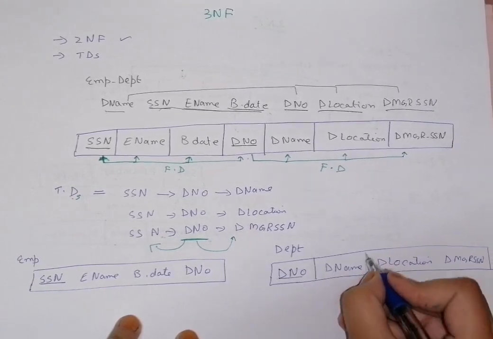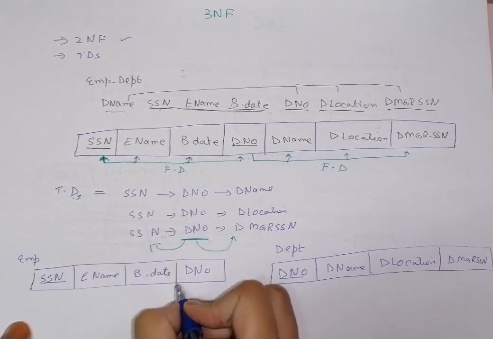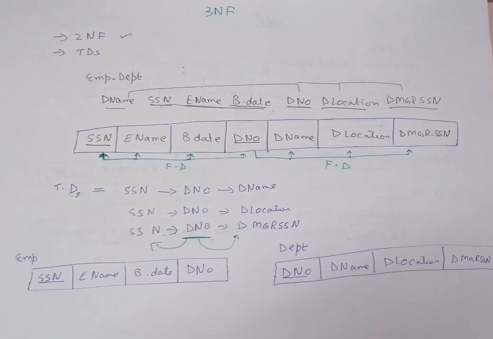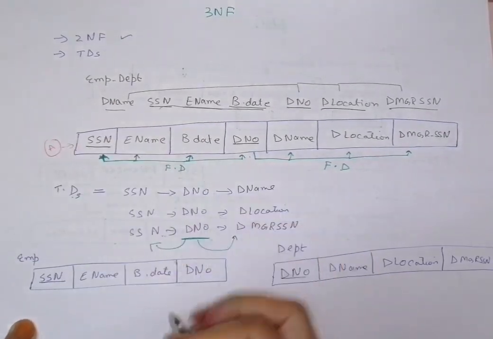Department number is the primary key of the department table, whereas SSN is the primary key of the employee table. In this way, we have decomposed the given relation into two relations.